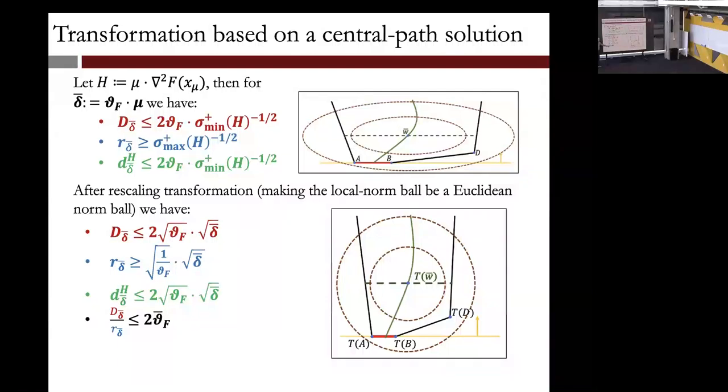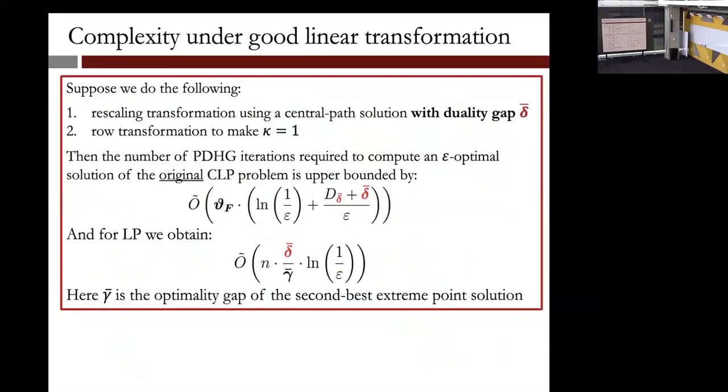And this ratio is 2 times the complexity value of the barrier. For, say, a linear program or SDP, this complexity value of the barrier is n. And so everything is going to be nice and small and controlled.